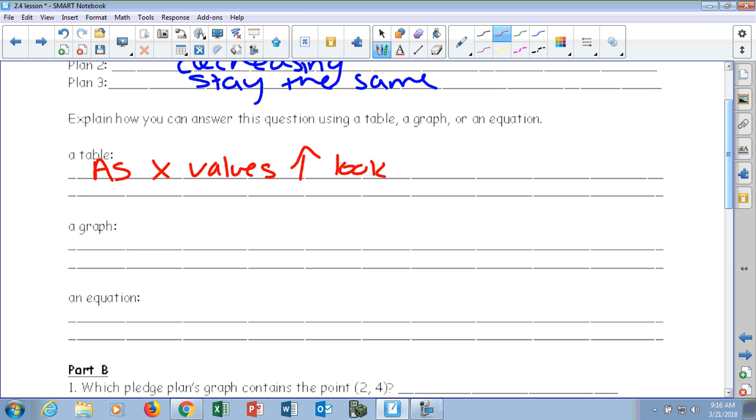Look at the corresponding y value, and see if it gets bigger.